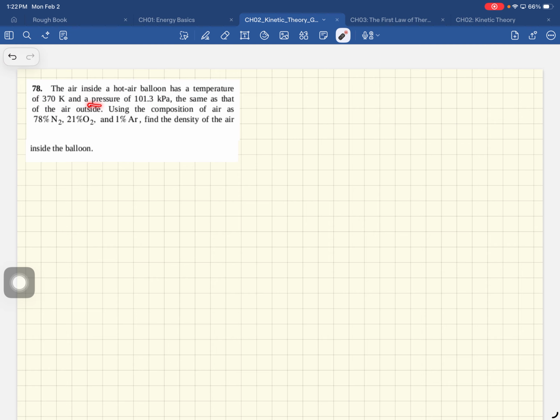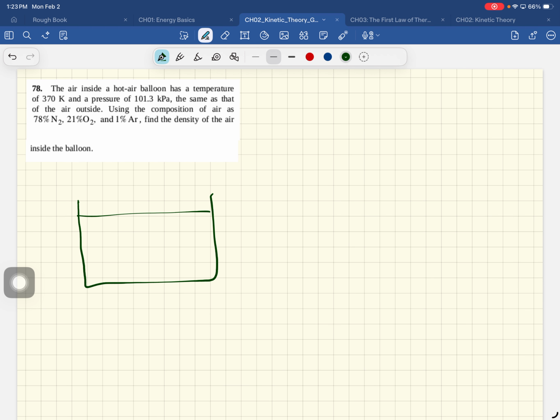Now let's figure out how much it weighs. Mass per unit volume will be, so it's 32.8 moles. Let's calculate the fractional moles. The number of nitrogen moles is 78% of that, so 0.78 times 32.8 moles.